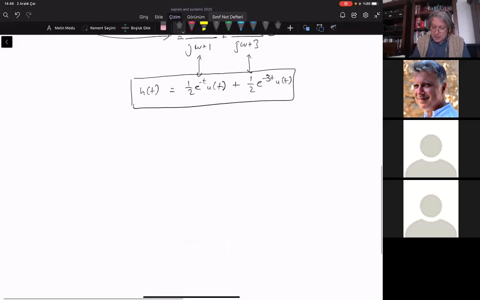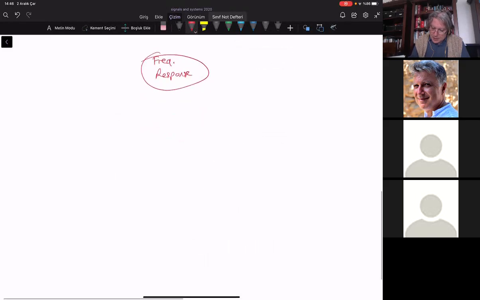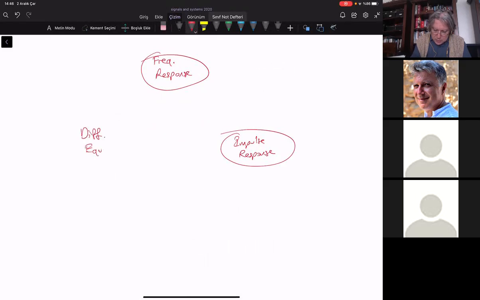So we have three things, three entities. Let's write them. One of them is the frequency response. It's here. We have impulse response here, and we have a differential equation here.